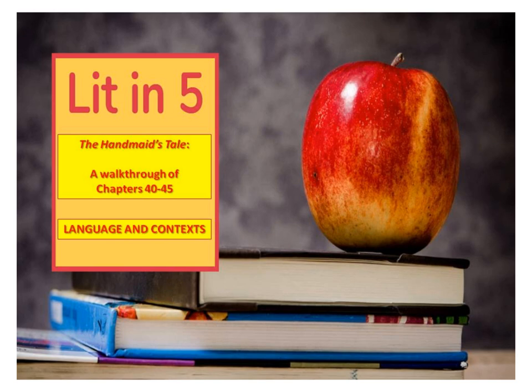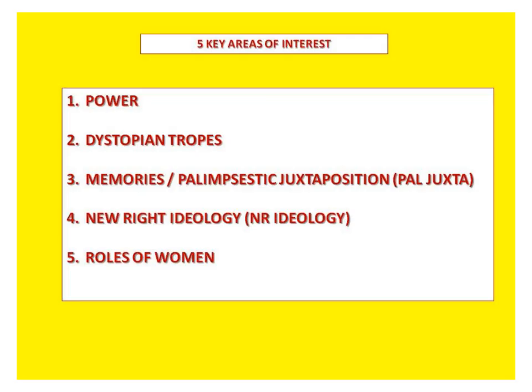This is a walkthrough of chapters 40 to 45 inclusive, looking very closely at language and the contexts that are relevant to the study of the novel. As you'll know from the previous video on chapters 36 to 39 inclusive, this walkthrough is focused on these 5 key areas of interest in the novel.